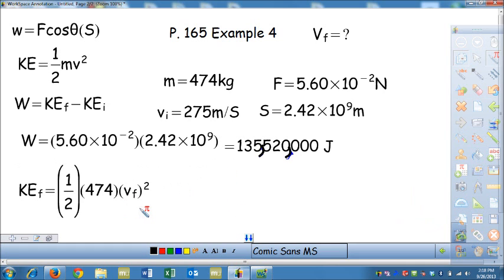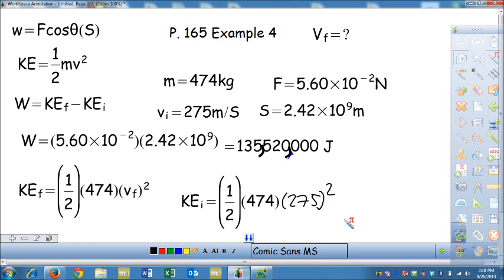Right, that's 1/2 mv squared. And kinetic energy initial equals 1/2 times 474 times V initial, which is 275, squared.